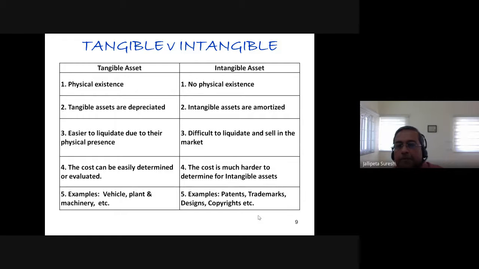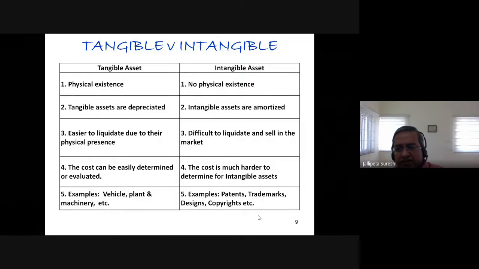Whereas intangible assets are not depreciated, we call it amortization. If you have a trademark, we consider the value of the trademark, the legal rights that you have in the mark, and the life of this mark, and accordingly you set an amortization value for the intangible asset.